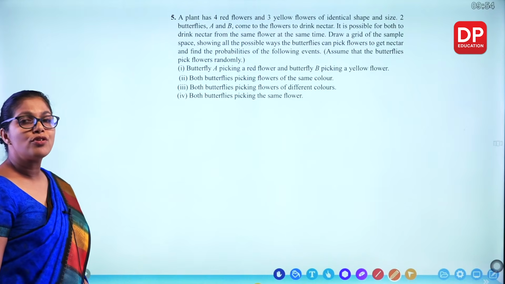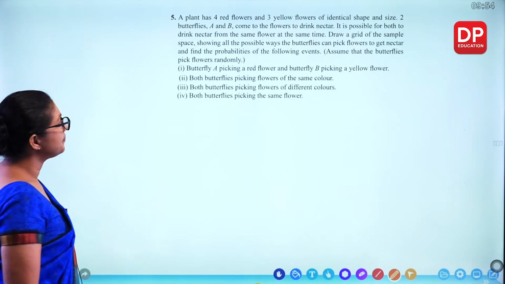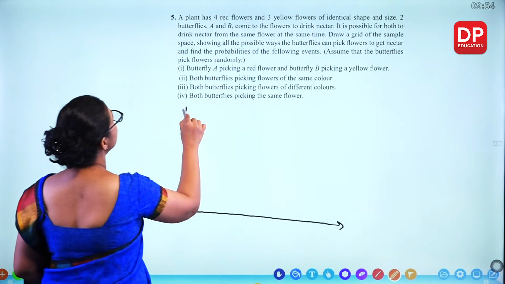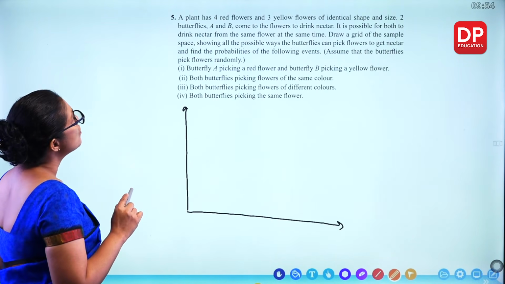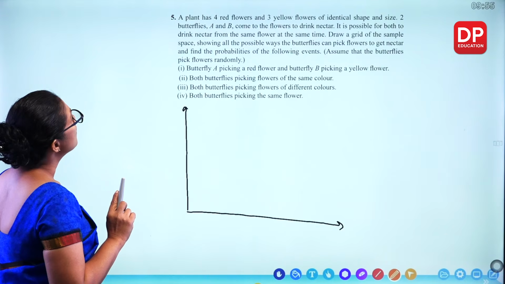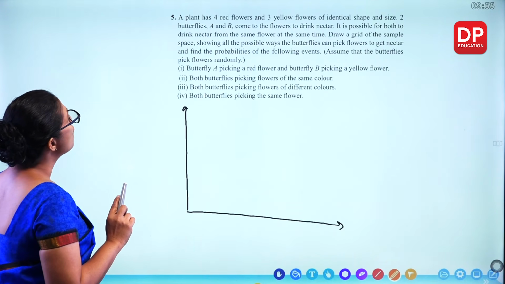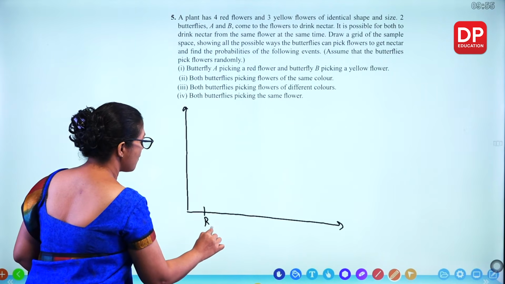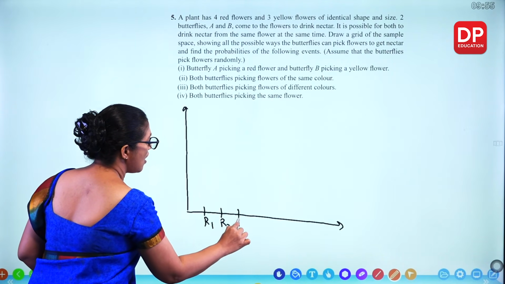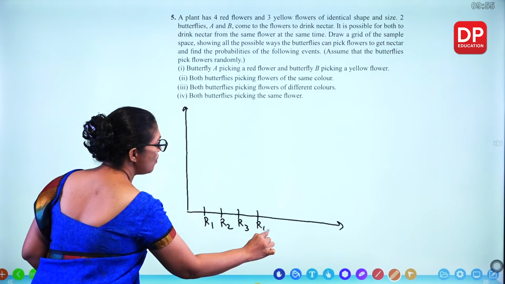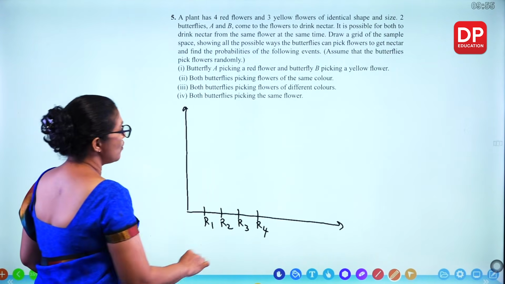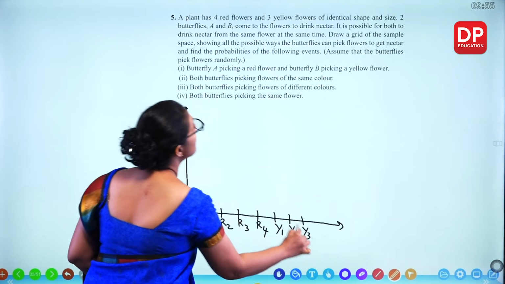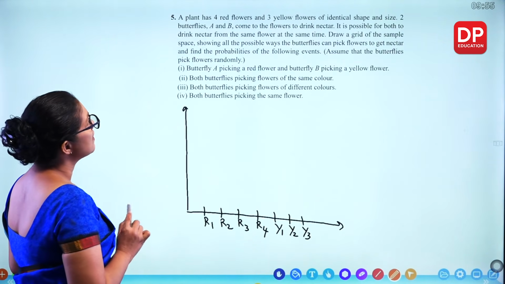So we need to draw a sample space grid. So what are the two axes? When you take flowers, you get 4 red flowers. So I can take R1, R2, R3, R4 and 3 yellow, Y1, Y2, Y3. And that's all.